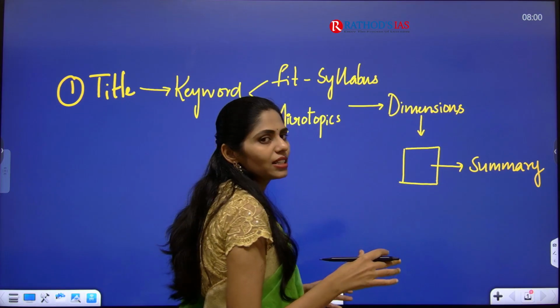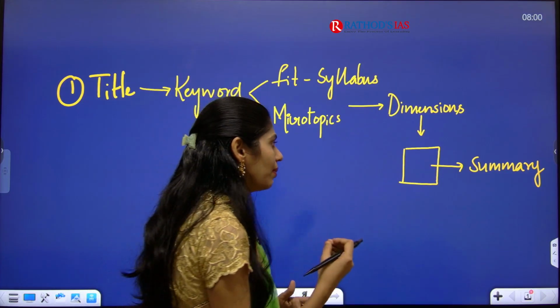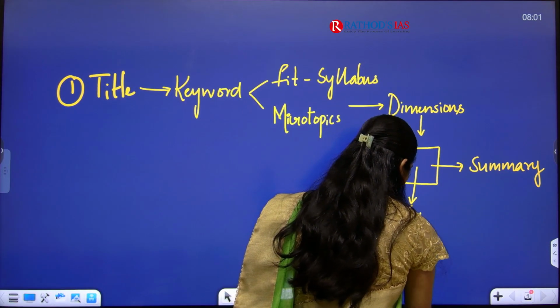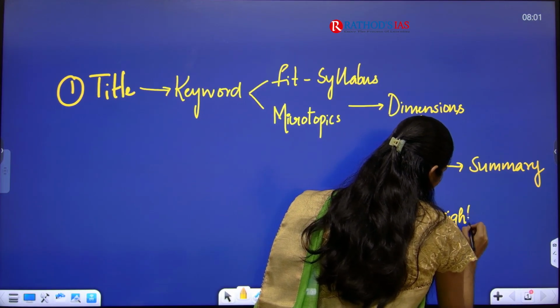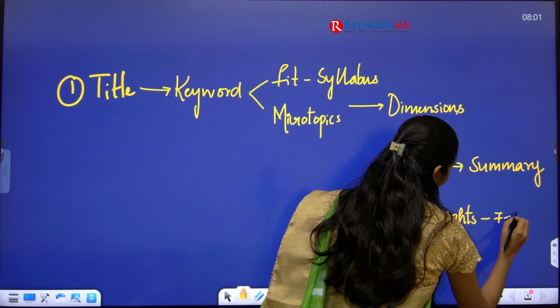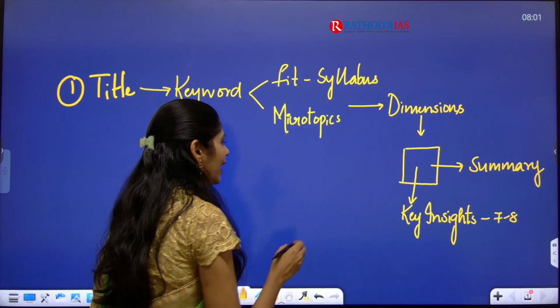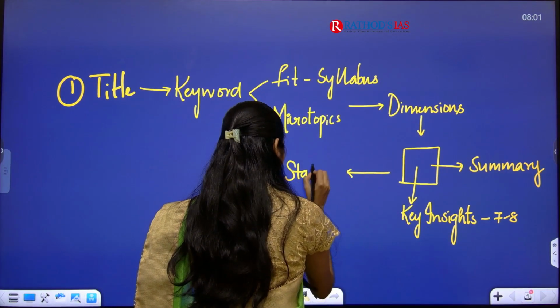If you understand the summary, then you will get an overall idea of what that article is saying. And next, from that article, I am going to give you some key insights. So what are the points that are focused there? It will be like 7 to 8 points from each and every article. Clear? And after that, we are going to connect with our static syllabus.